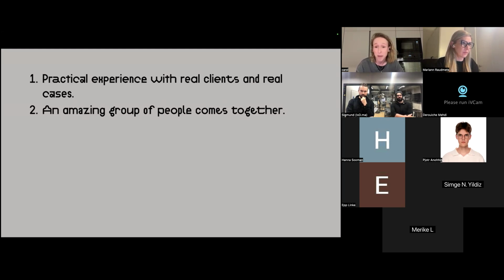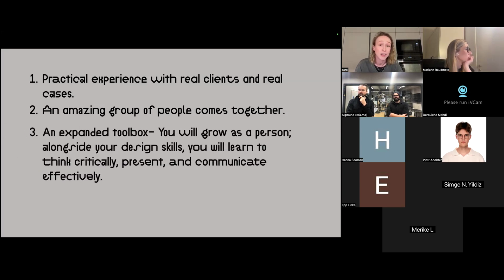Also, an amazing group of people comes together. We only have, if I'm not mistaken, 4 Estonians in our group, a total of 12. So it shows the diversity in our group. And I'm just honored that I can be part of it.